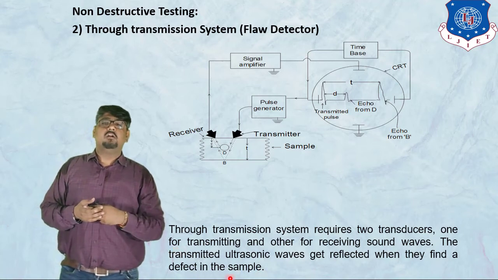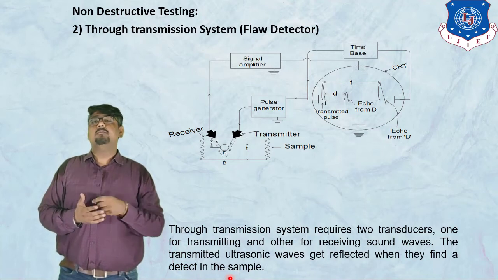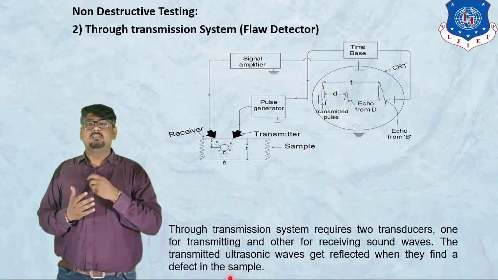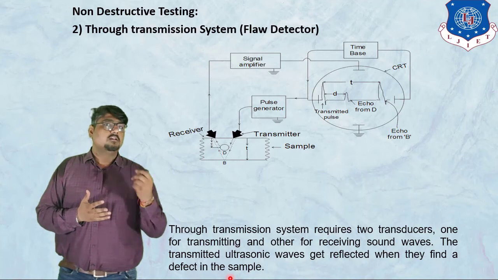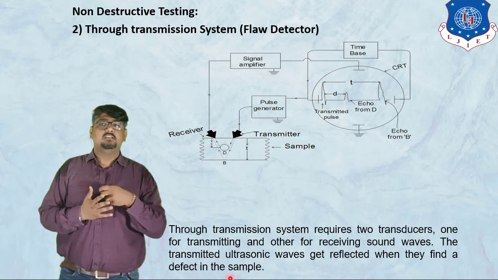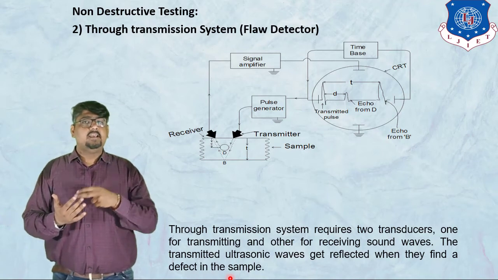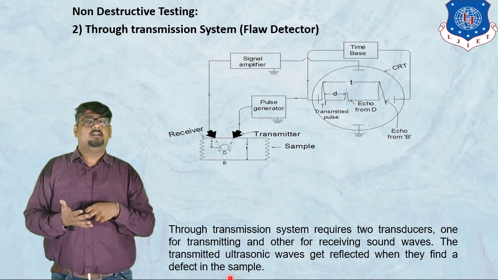So using this flaw detector method, you can estimate the size and the position both. In the pulse echo system, you can only find out the position. You cannot estimate the size of the defect. But in this flaw detector system, you can estimate both size as well as position of the defect.